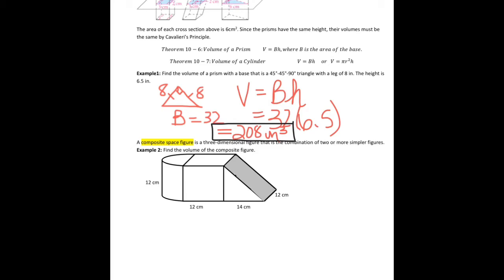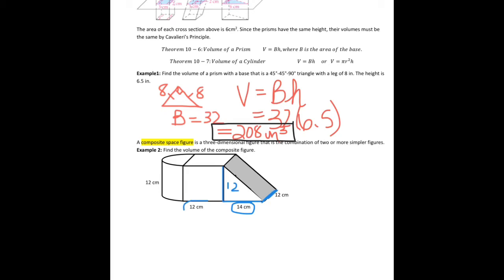All right, a composite space figure is just a 3-dimensional figure that has 2 or more shapes or figures combined together. So you'll notice that you have a triangular prism. It has a base of 14 and a height of 12.